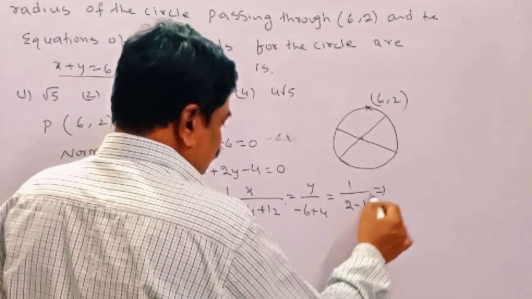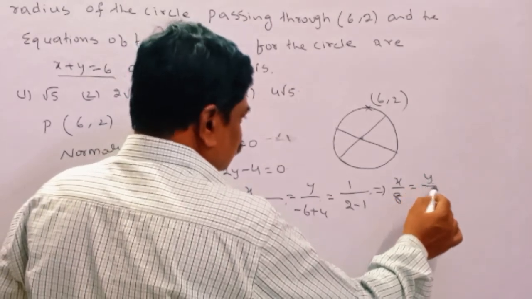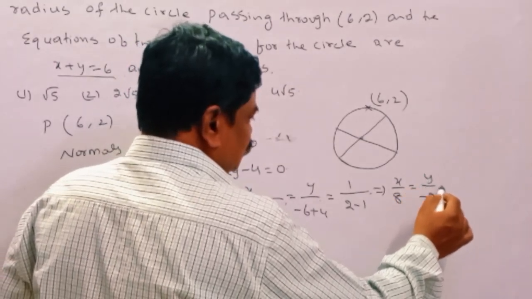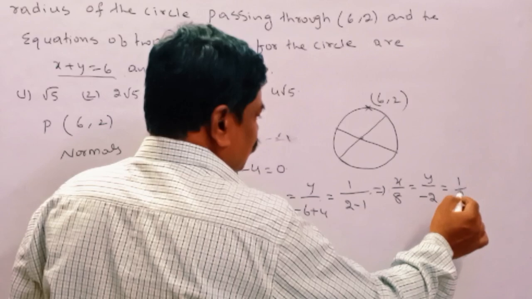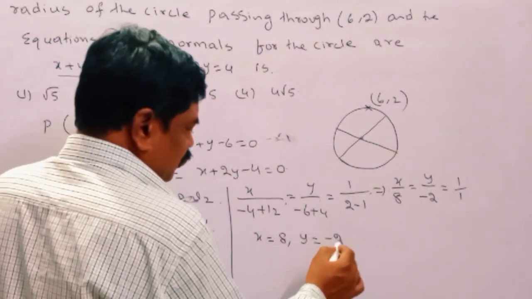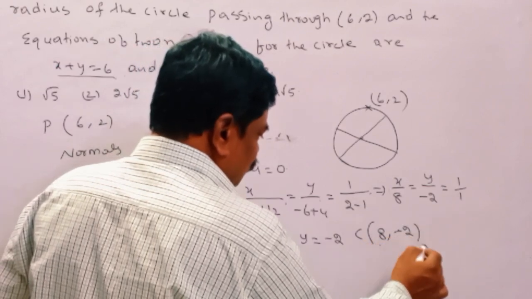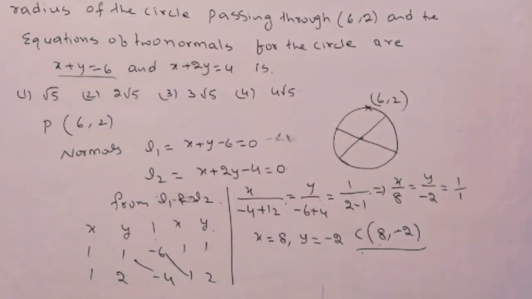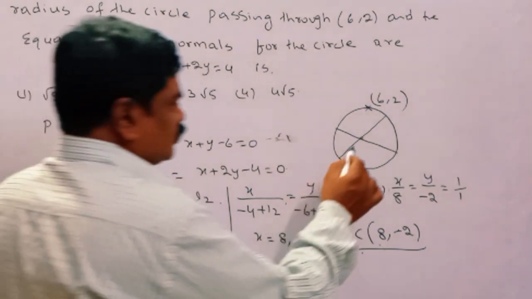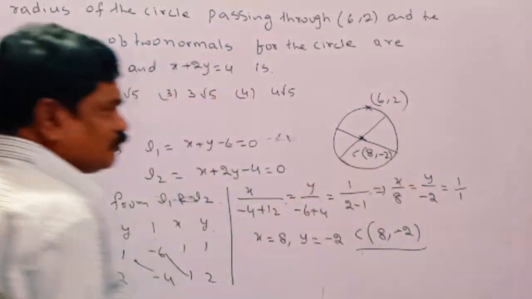From this we get x by 8 is equal to y by minus 2 is equal to 1 by 1. x is equal to 8, y is equal to minus 2. The center of the circle is 8 comma minus 2.